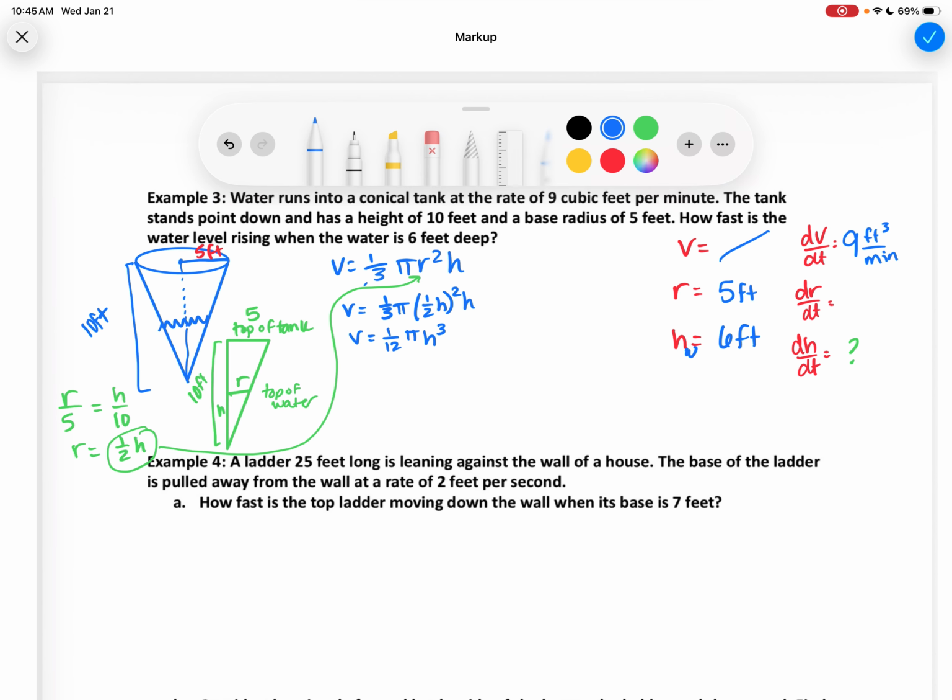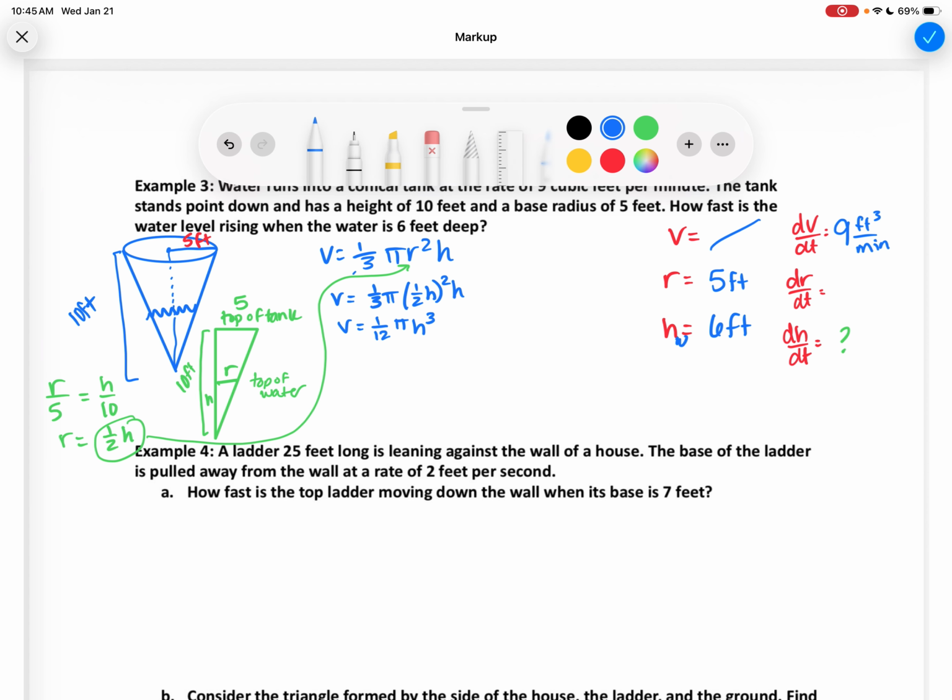So dV/dt is equal to 1/4 pi h squared dh/dt. Ultimately, I'm solving for dh/dt, so basically I'm going to be multiplying by 4 and dividing by pi h squared.